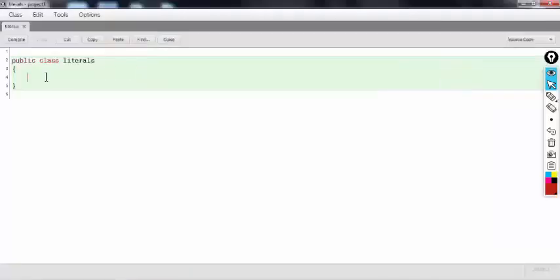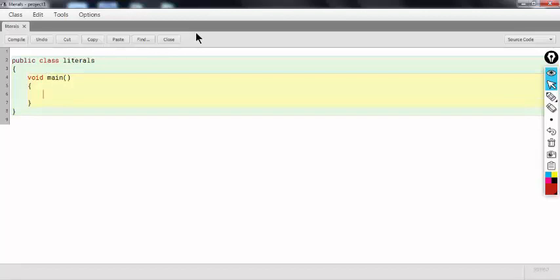Okay, so let us create the function. Now let us create an integer kind of variable.